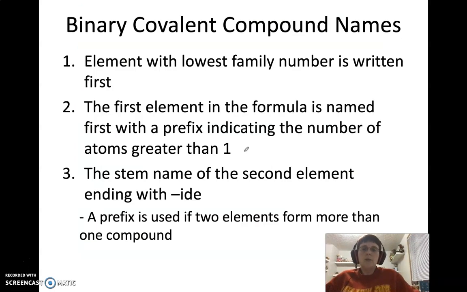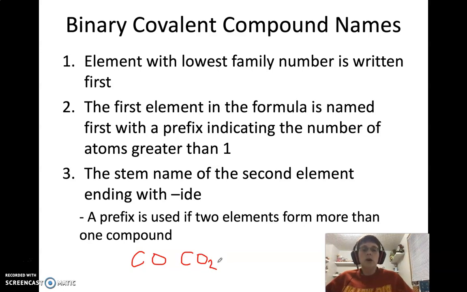Examples of this would be, for example, you've got CO and you can have CO2. This is why we have carbon monoxide and carbon dioxide, because both of these compounds exist. They both contain carbon, they both contain oxygen, so we need to put a prefix on the oxygen for this compound so that we know that there are two.